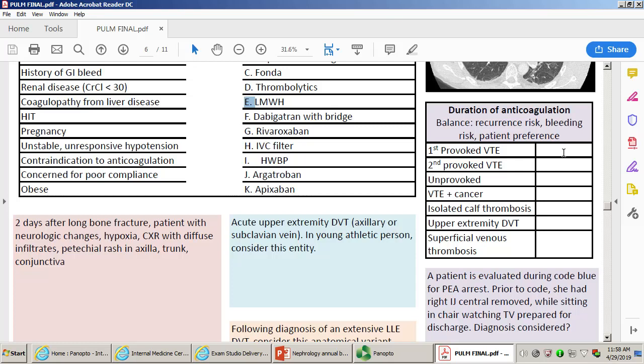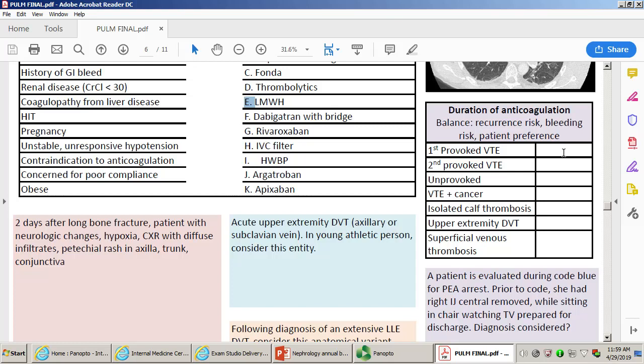Second provoked clot, 3 months minimum plus discussion. Unprovoked clot, what's the minimum? 3 months, then discuss, ideally indefinite. There are some studies about perhaps checking D-dimer to help guide that discussion and look at risk.